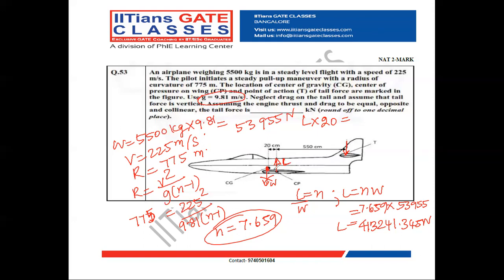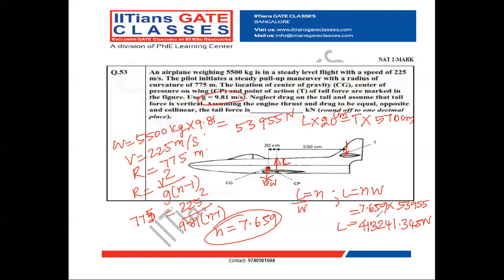There should be a moment balance here, so tail force should be acting downward because all the other forces are balanced. So tail force into perpendicular distance, which is 550 plus 20. So it is 570 centimeter.